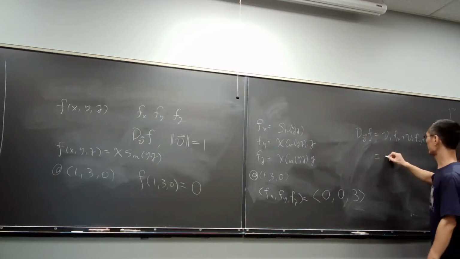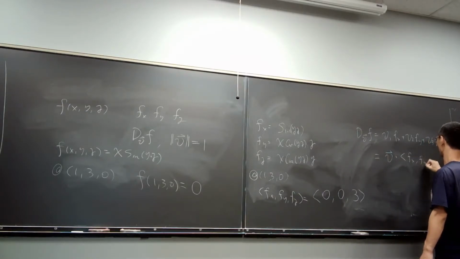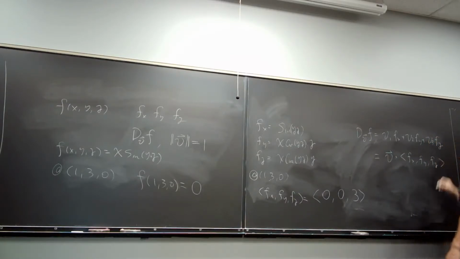So this can be written as v dot that vector. So it's particularly easy if you write down fx, fy, fz as this vector form. Then just take the dot product with your vector.